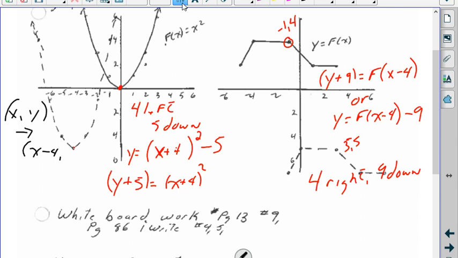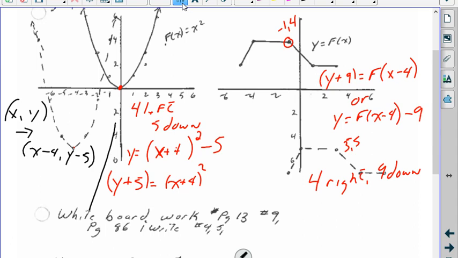I subtracted 5 from every initial y coordinate. These are not the same. They're backwards in this case, right? Because this is what we have to do to the function, the rules being applied. This one is just applying it to the coordinate points.